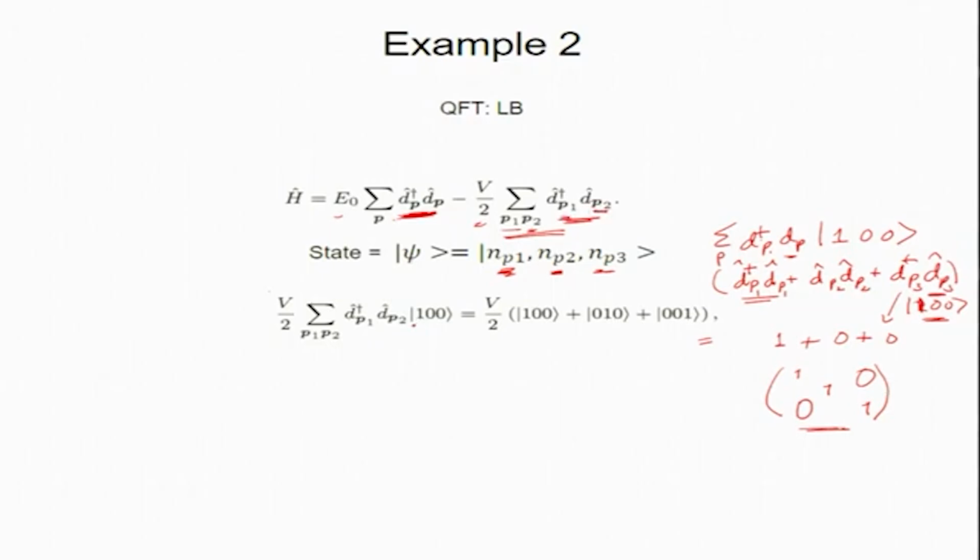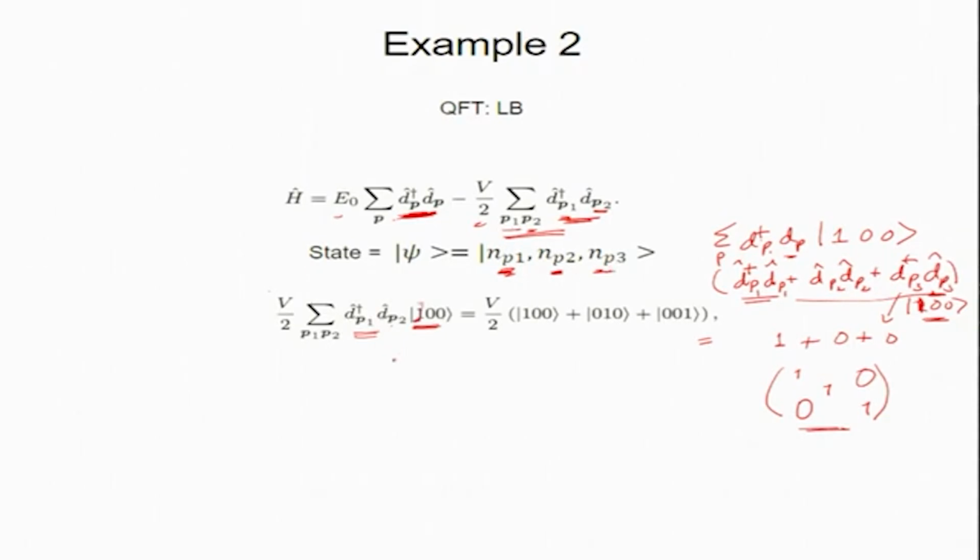So let us imagine I am working on this sum. How many terms are there? There are 9 terms. I had only 3, but there are 9 terms. So which ones will be non-zero? This will destroy this one, and create anywhere. It can create one at the third. So it is destroying this particle, but it can create here.